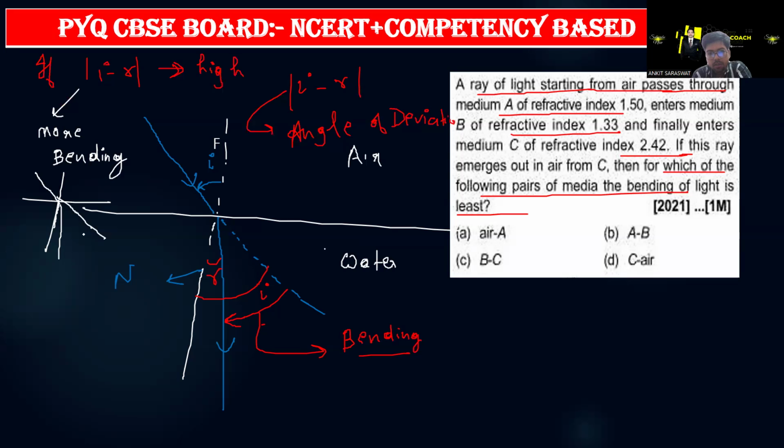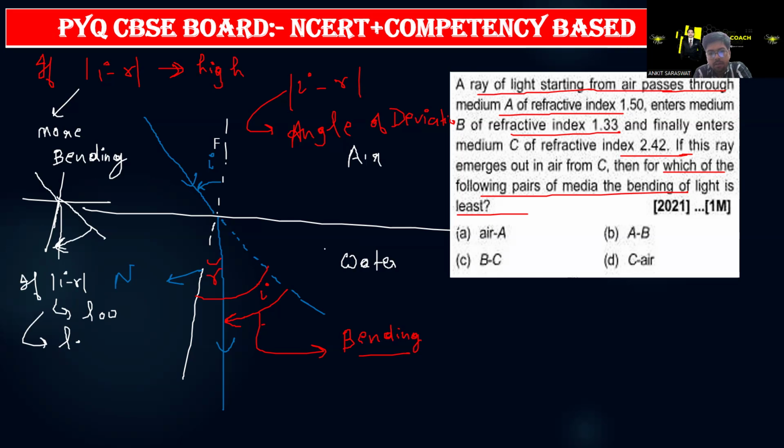If mod I minus R is low, then less bending.